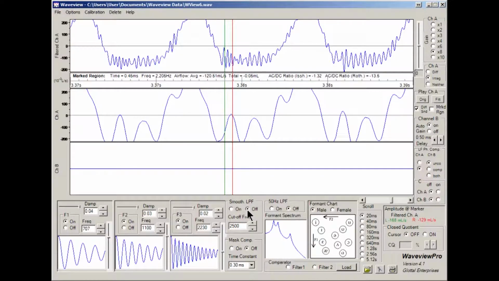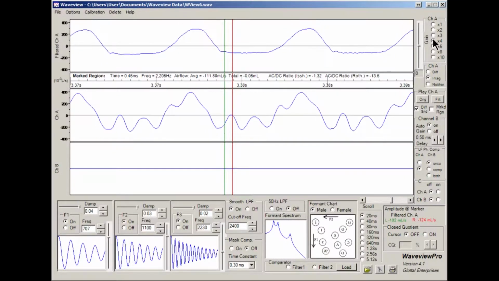We have no filter for the fourth formant in Waveview, so we use the smoothing low-pass filter set at 2500 hertz, or maybe 2400 hertz, to take out the fourth formant. So right now, if I reduce the gain to bring it on screen, I can see the glottal airflow pulses.